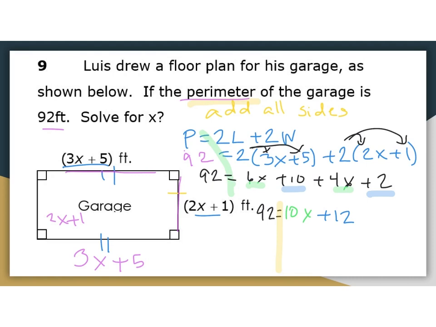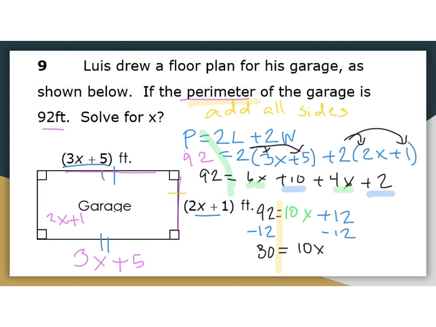So this is x being multiplied by 10 and then adding 12. So in working backwards, because we multiply by 10 and then add 12, got to start off by getting rid of the 12. Instead of a plus 12, it's going to be a minus 12. When we do that, 92 minus 12 is 80. 80 is equal to 10x.